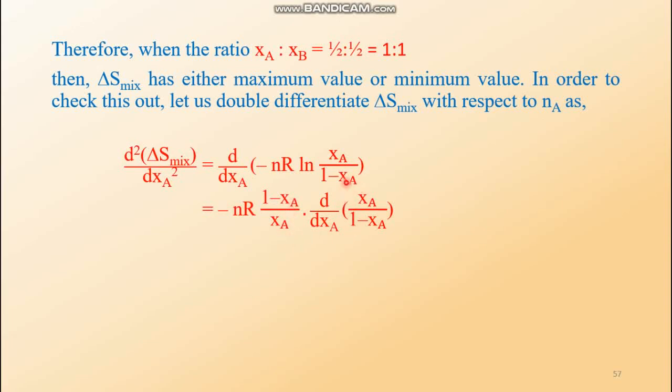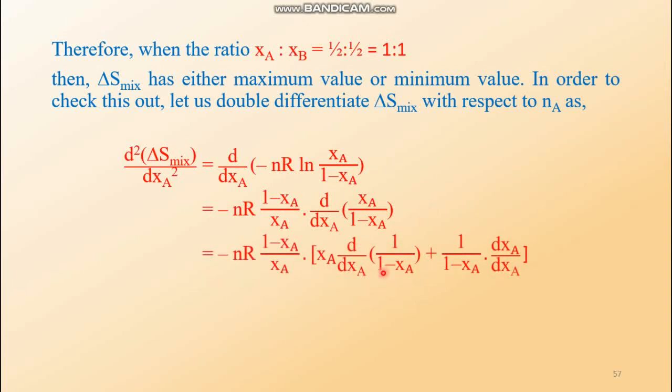Now differentiation of this term, what I have already said: this is in two parts. XA constant, differentiation of 1 by 1 minus XA. Now 1 by 1 minus XA constant, differentiation of XA. These are the results as usual. This is actually 1 by 1 minus XA whole square, and this negative term is cancelled by the negative minus 1 power. So this is a positive term, and now we have to take the LCM of the denominators.